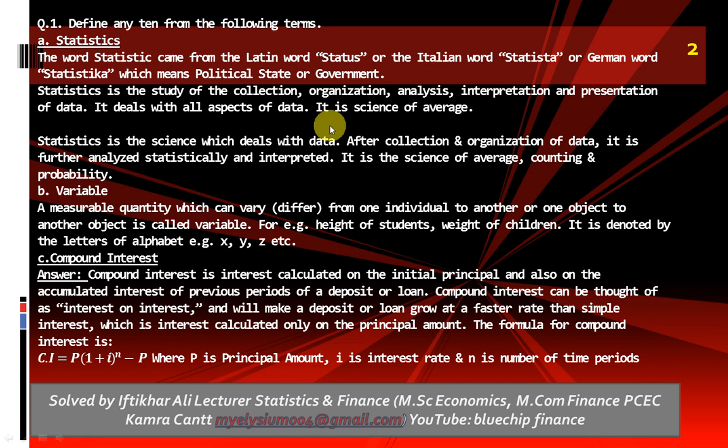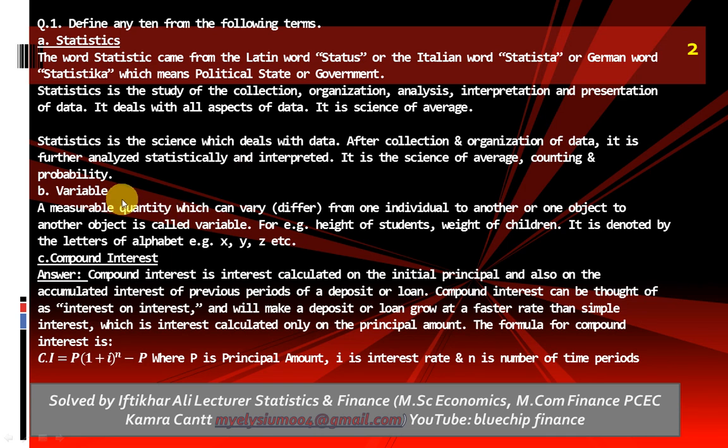Statistics is the science which deals with the data after collection and organization of data. It is further analyzed statistically and interpreted. It is the science of average, counting and probability. A lot of other things are calculated in statistics, but the normal definition is given here.